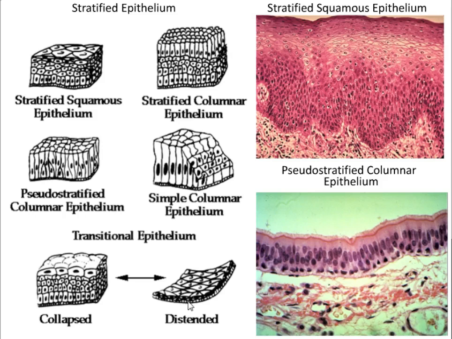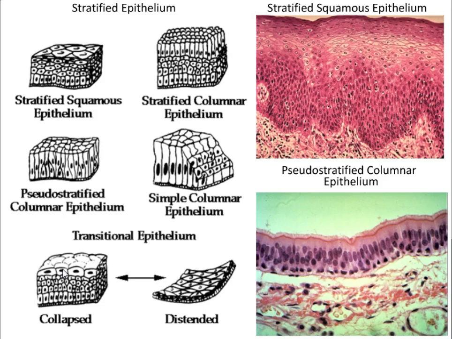When they collapse, they form layers, and when they distend, they form a single layer. This generally happens in case of the urinary bladder. When our urinary bladder is empty, if you take a section of an empty urinary bladder, you will find such an arrangement of epithelial tissues.